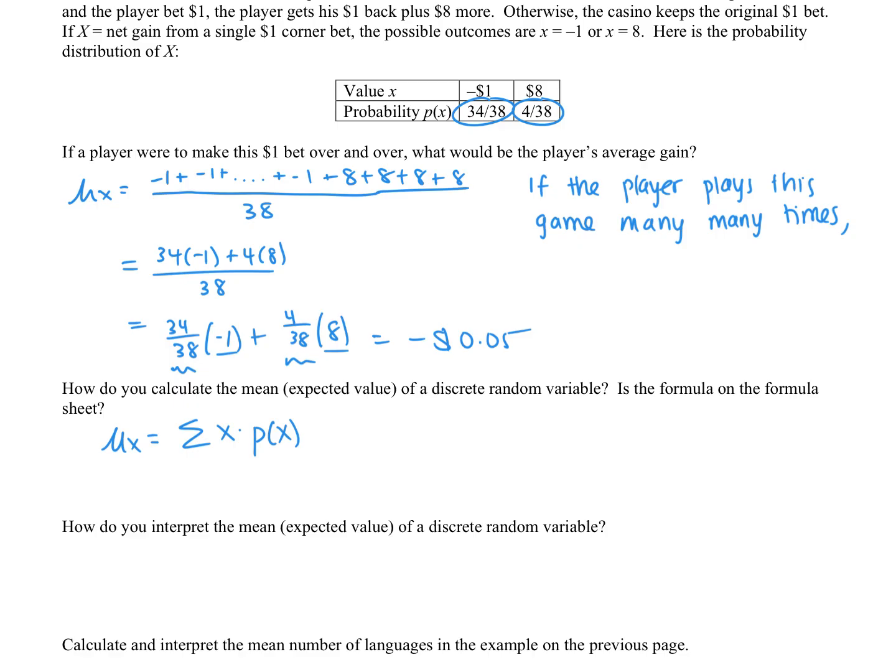So if the player plays this game many, many times, he or she is expected to lose 5 cents on average per game. Now, of course, it's not possible, like we talked about, to lose 5 cents on a game, but it's the average if this person were to play many times.